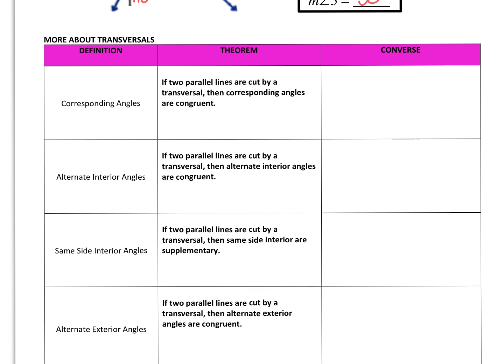Well, what we want to do is turn this around, just like an argument. If we turn this thing around and say, hey, we know corresponding angles are congruent, then we know we have parallel lines.